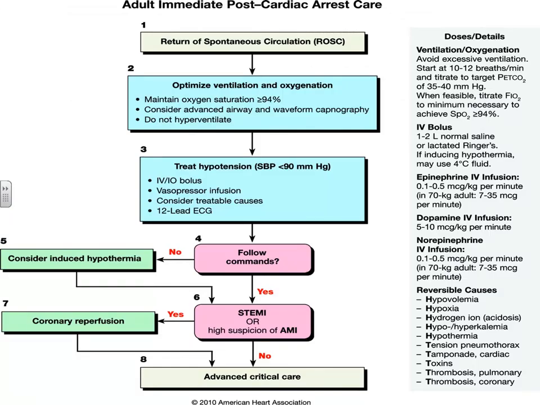All right. And so, lastly, your adult immediate post-cardiac arrest, ROSC. What are some of the things that we're looking for that's going to determine therapeutic hypothermia? All right. Was it a witnessed arrest? Was it a witnessed arrest that involved a shockable rhythm, and did we shock?